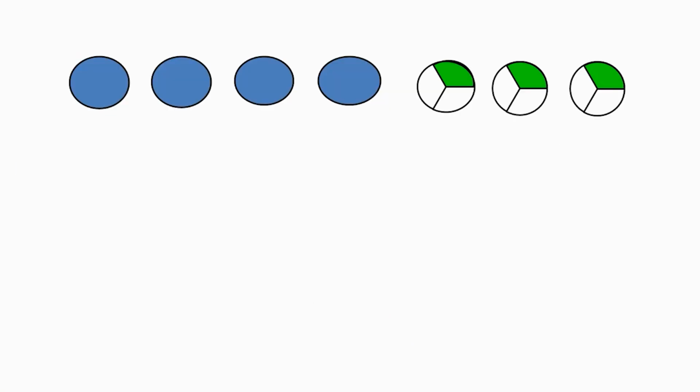You may have thought of what we started with, 4 whole circles and 3/3. Then you might have thought about taking away the circles that we can still see. We can then count how much is left. 1, 2, 2 and 1/3, 2 and 2/3. So 2 and 2/3 is what might be under the splat.